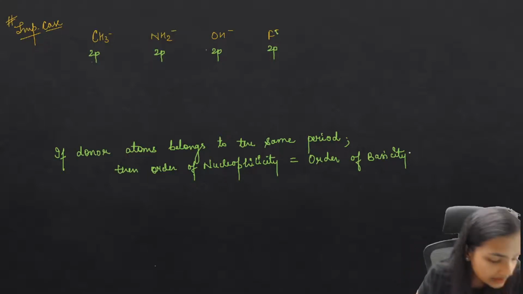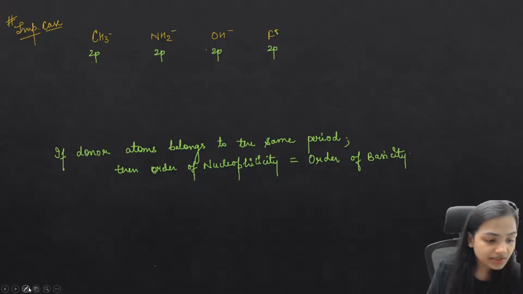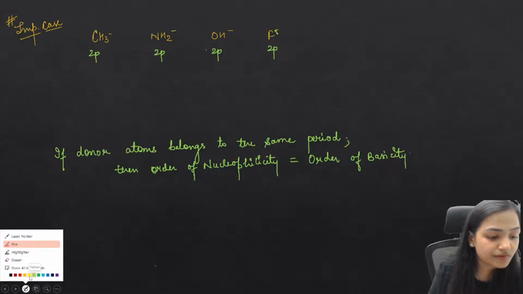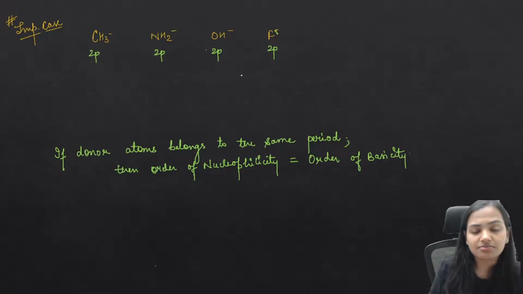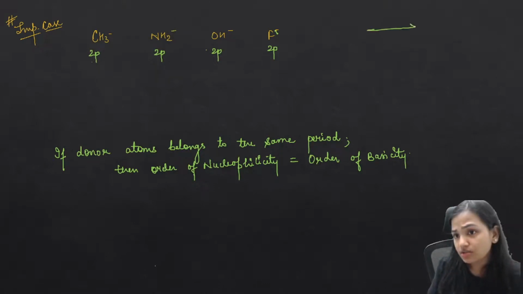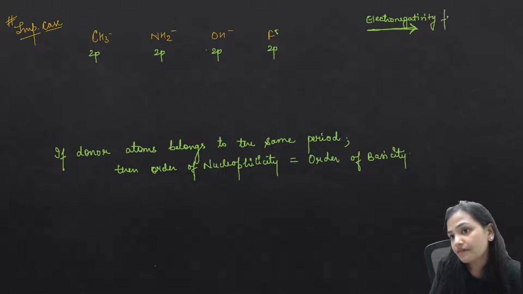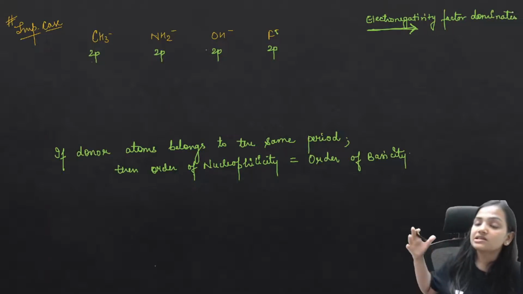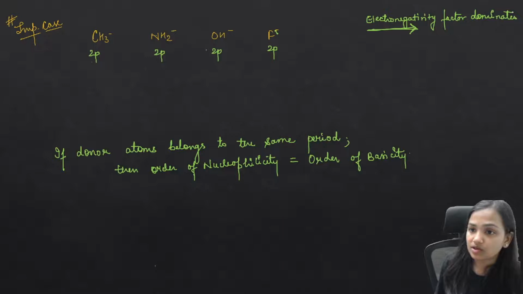Okay. Now guys, when we always look from left to right along the period, the electronegativity factor dominates, because they will have a marginal difference in their electronegativity values as per the Pauling scale.